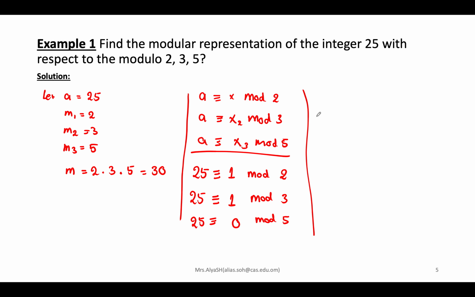So from here, the modular representation of 25 is written like this: 1, 1, 0 with respect to modulo 2, 3, and 5.